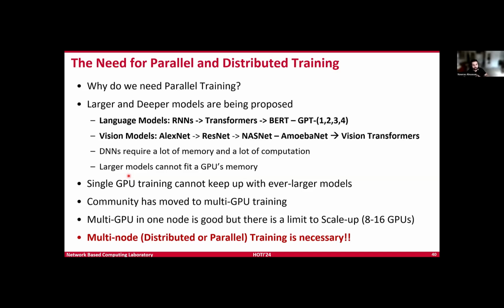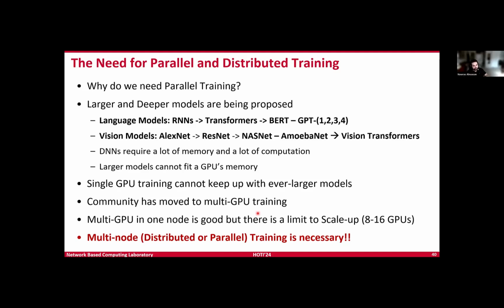Since single GPU training cannot keep up with the data set size and the model sizes, initially the community moved to multi-GPU training, where if you have a single node, you can use multiple GPUs within that node, maybe 1, 2, or up to 16. On a single computer, you can install 16 GPUs and do the training.